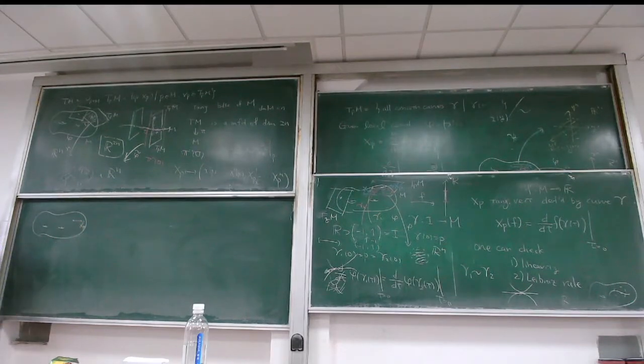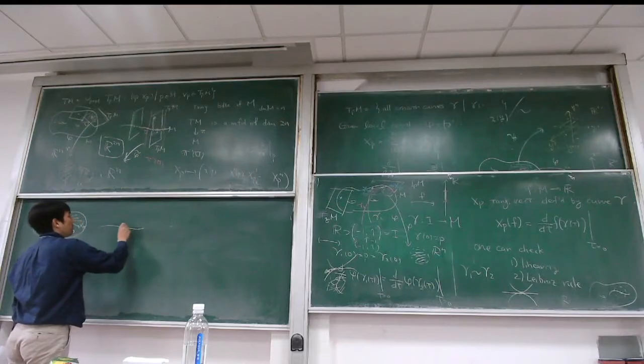And as you move the point in M, you smoothly change the tangent vector. At the end of the day, it defines the vector field all over the manifold. That's called a vector field.